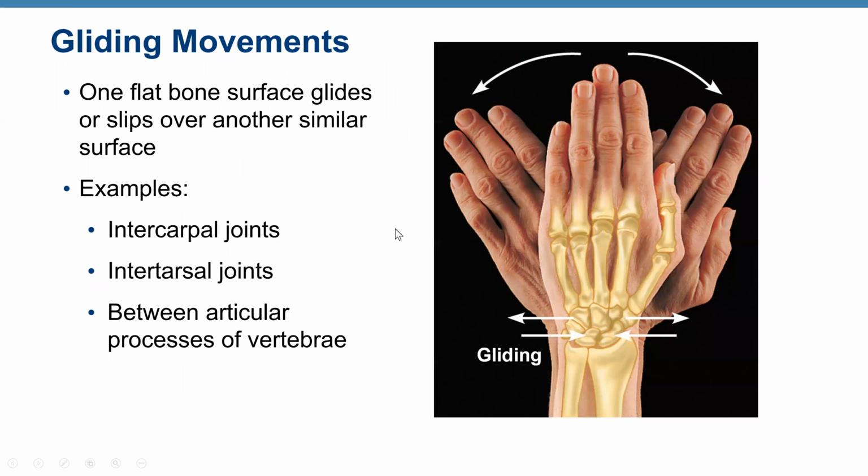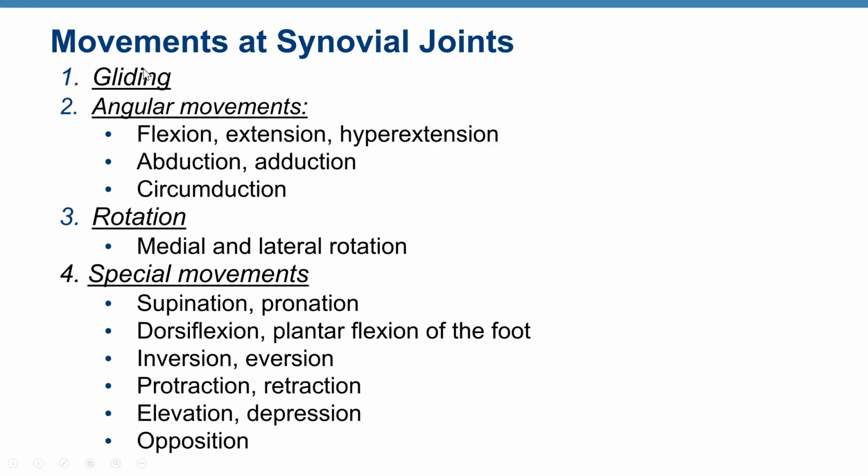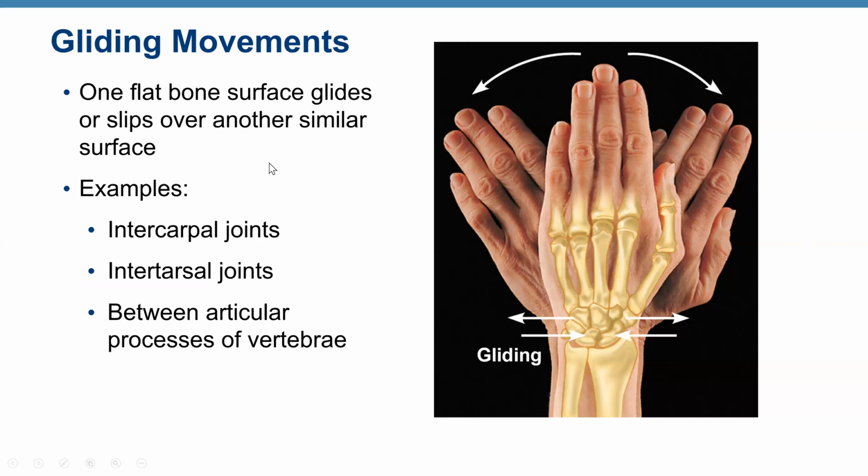So let's look at gliding movement. First, our gliding movement. One flat bone surface glides or slips over another similar surface. So that's going to be our plane joints: intercarpal joints, intertarsal joints, and between articular processes of the vertebrae.